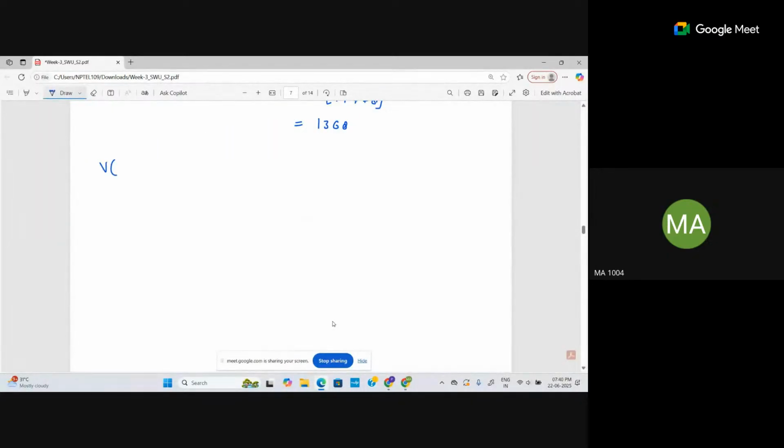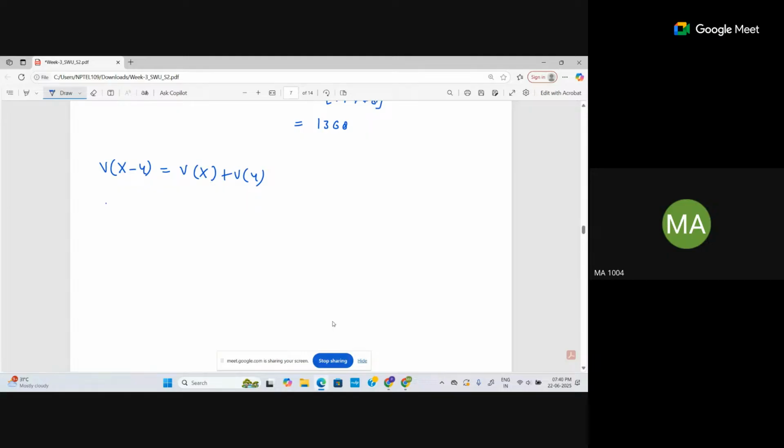So the variance of x minus y is equal to variance of x plus variance of y, right? This is happening because they both should be independent. Also, when we take the variance, the coefficient gets squared.